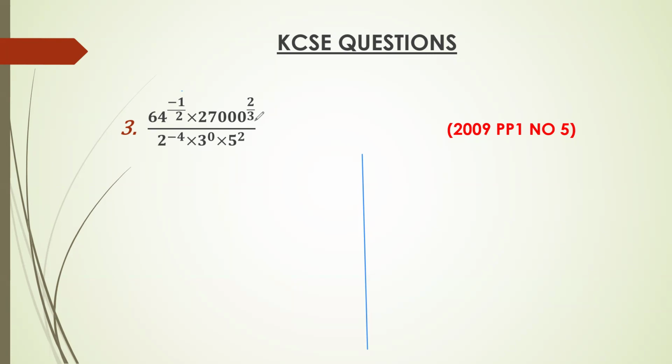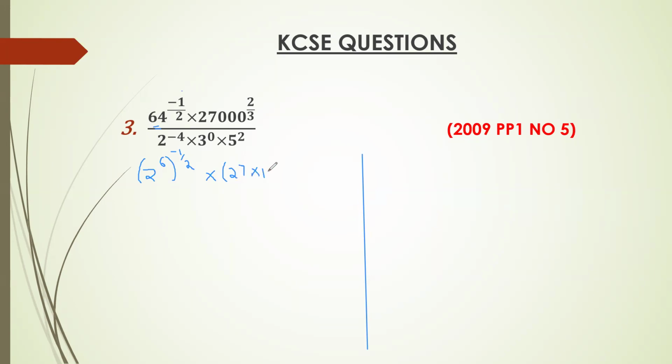Usually kuna njia nyingi ya kusolve a question like this. Okay, there are many ways. So let me just solve it using my way. So 64 is usually 2 power something, right? Tushasema tulitafuta on our last question, tulisema for you to get 64, you take 2 power 6. Kuna negative a half. Haya, alafu hii 27,000 naweza sema 27 times 1,000.